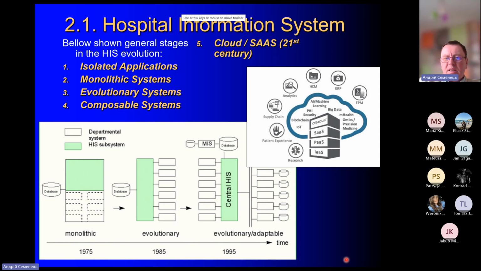And in modern times, since the beginning of the 21st century, technologies in the general area made a shift toward cloud-based solutions, or system-as-a-service solutions, where data as well as software are located in data centers, which we mean under the term cloud.